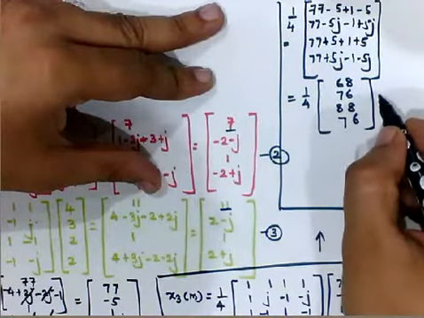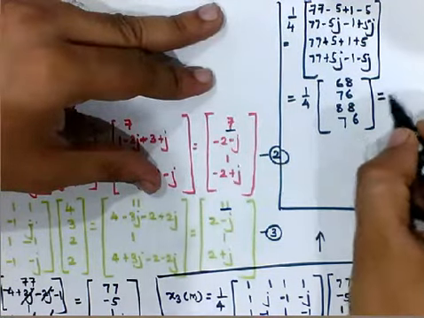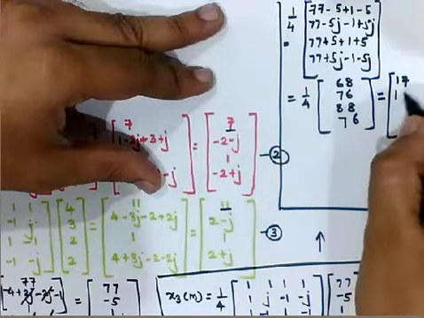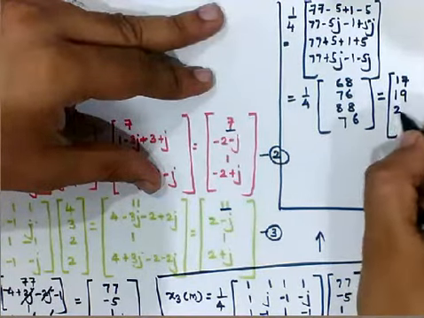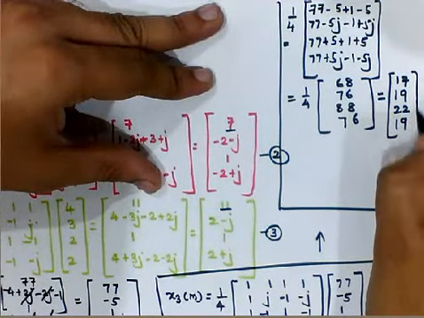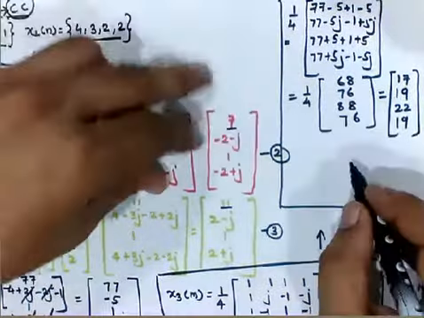So this will result ultimately in 17, then this is 19, this is 22, and this is again 19. So divide it by 4.